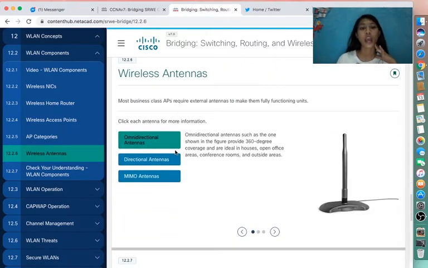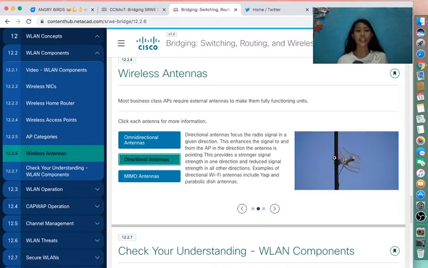We have here our wireless antennas: omnidirectional antennas, directional antennas, and MIMO antennas. Omnidirectional antennas, such as the one shown in this figure, provide 360-degree coverage and are ideal in our houses.